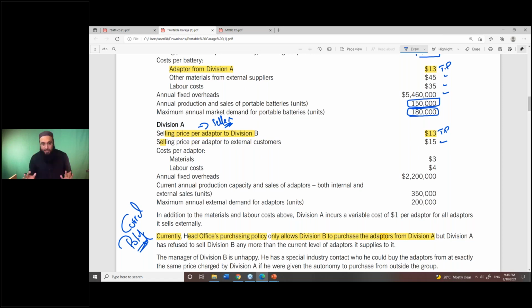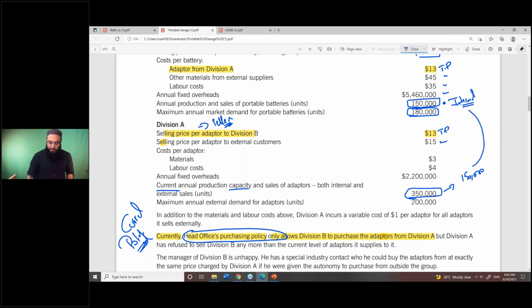So it's clear from the units here that 150 units, B is buying internally because it's the head office policy to buy only from A. Which means that if I look at the current production capacity, which is 350,000, of this 150 is what they sell internally, and the maximum annual demand is 200,000, which means right now A is 100% fulfilling the external demand of 200,000.